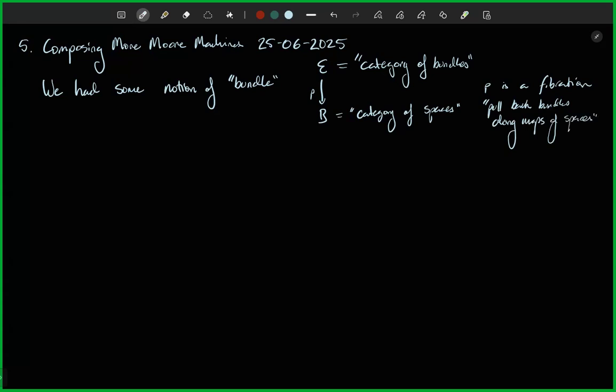So let's see some of our examples here. E, P, B. We saw before Set, the semi-direct product, Set over Set. This is what's known as the simple fibration of Set. And just to remember, we might think of these as being like trivial bundles.